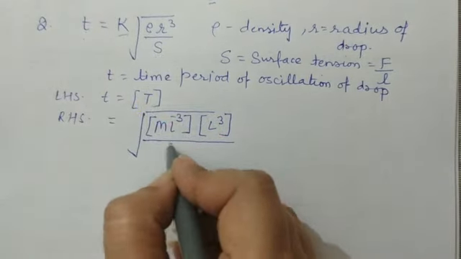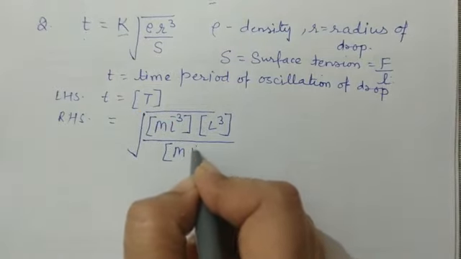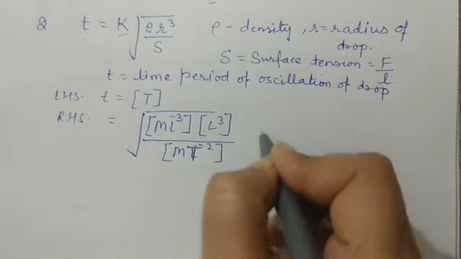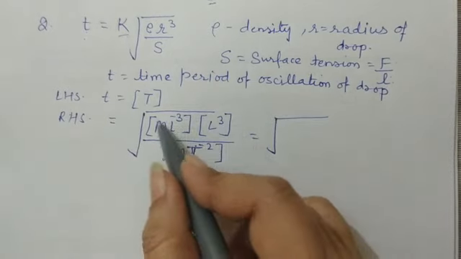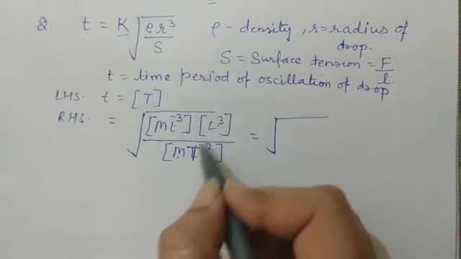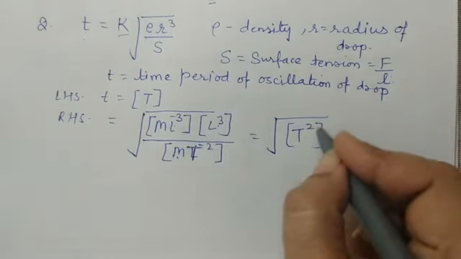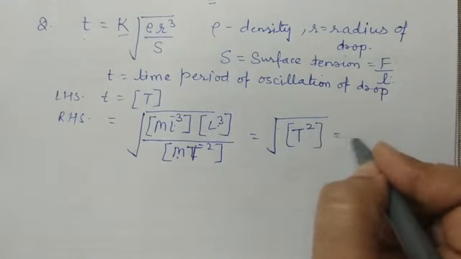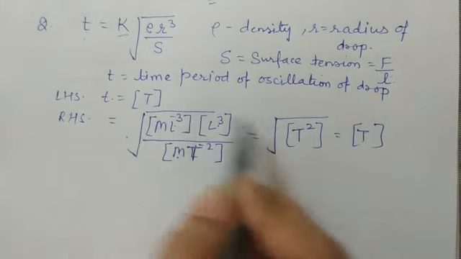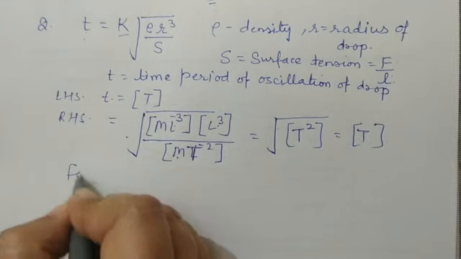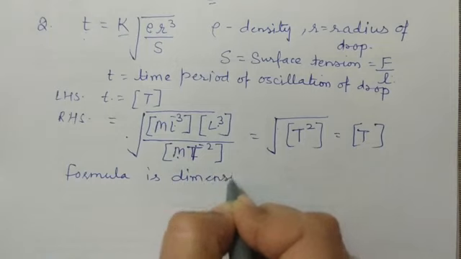Surface tension, if I calculate from force upon length, will be MT^-2. Solve this. M is cancelled here, L^-3 and L cube are cancelled here. We get T raised to the power 2. Now square root is the power half, so T square with power half becomes T only. So here also the left hand side and right hand side both have the same dimension. So our formula is dimensionally correct.